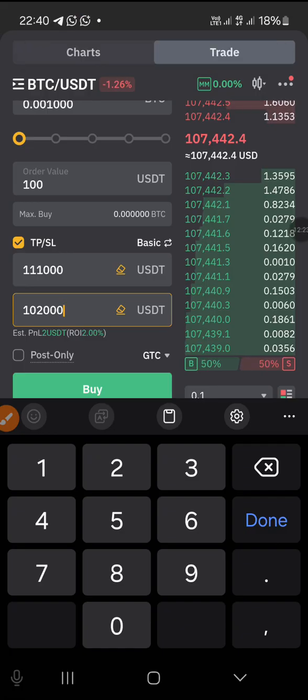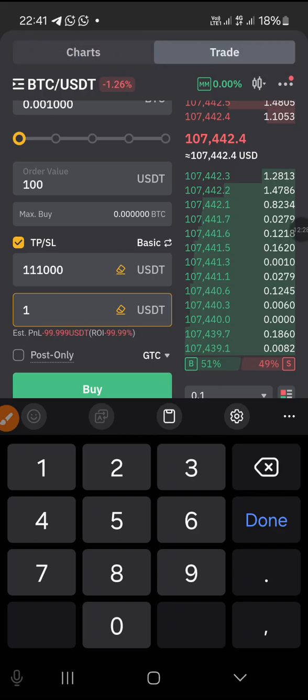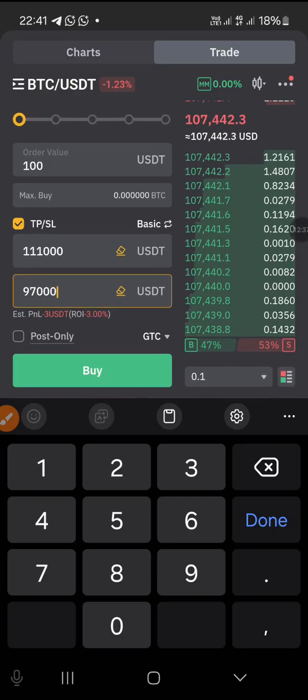Okay, sorry, I'm buying at 100,000, so my stop loss should be maybe 97,000. If I make it 97,000, my PNL, like my unrealized loss, will be minus 3 USD.